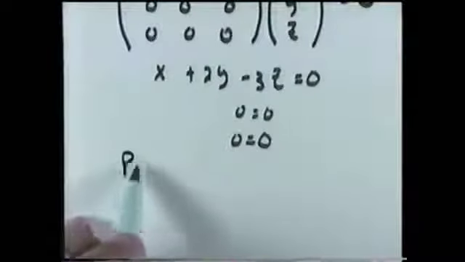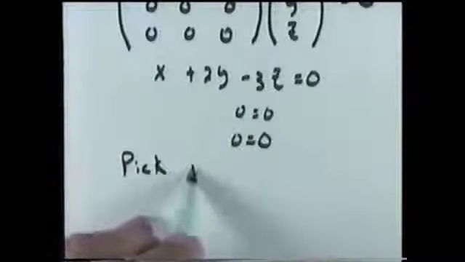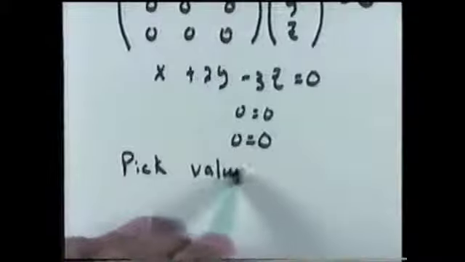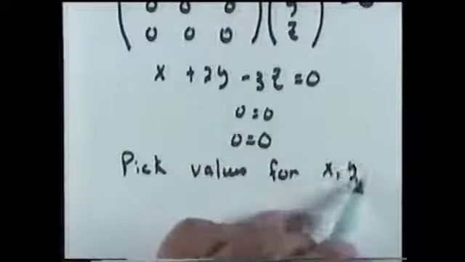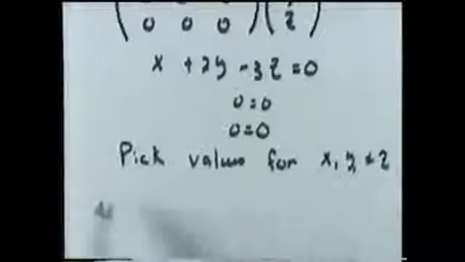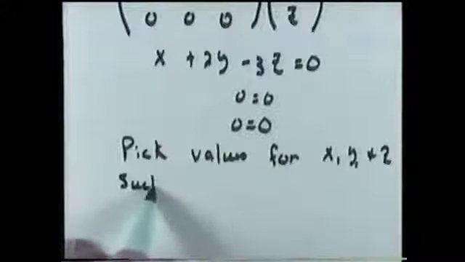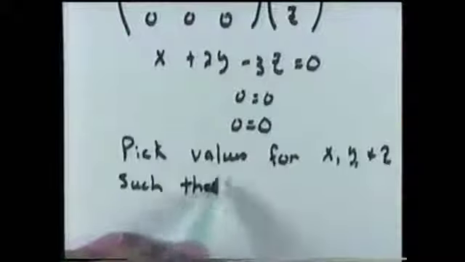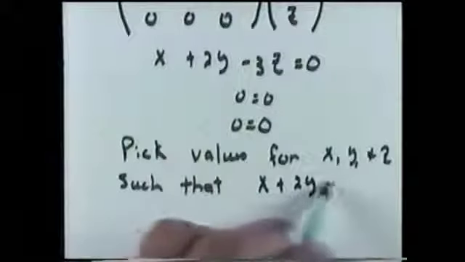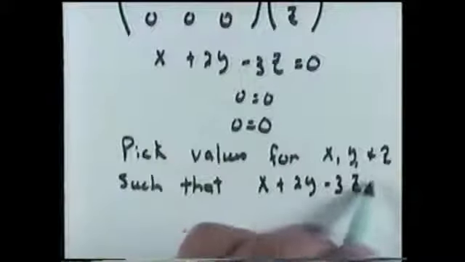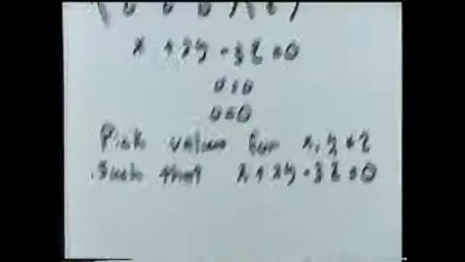So we need to pick values for x, y, and z such that x plus 2y minus 3z is equal to 0.